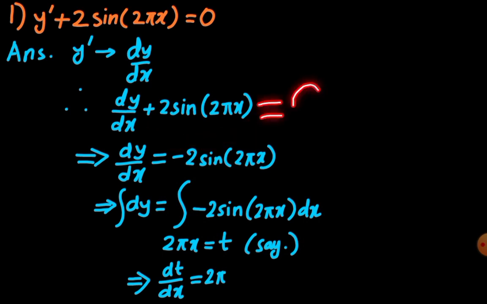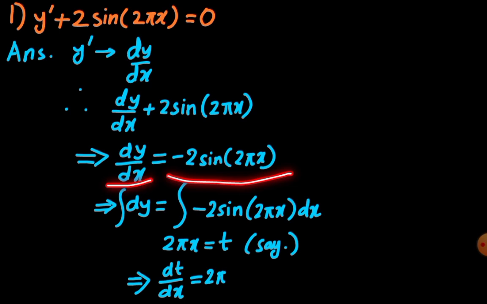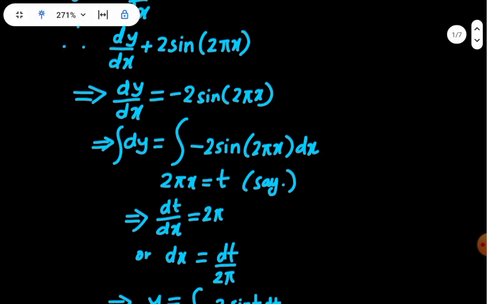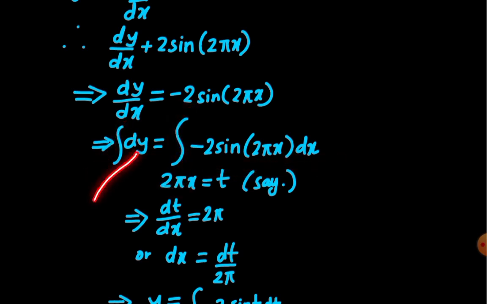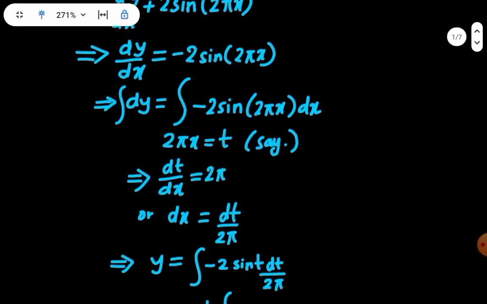Forgot to write the equal to 0 part, but you get it right. We can take it to the right side. We get a minus 2 sine 2 pi x and a dy by dx on the left hand side. Hence, taking the dx element to the right hand side, we get dy equals this function into dx, and just integrating it, we get dy as just y, right?